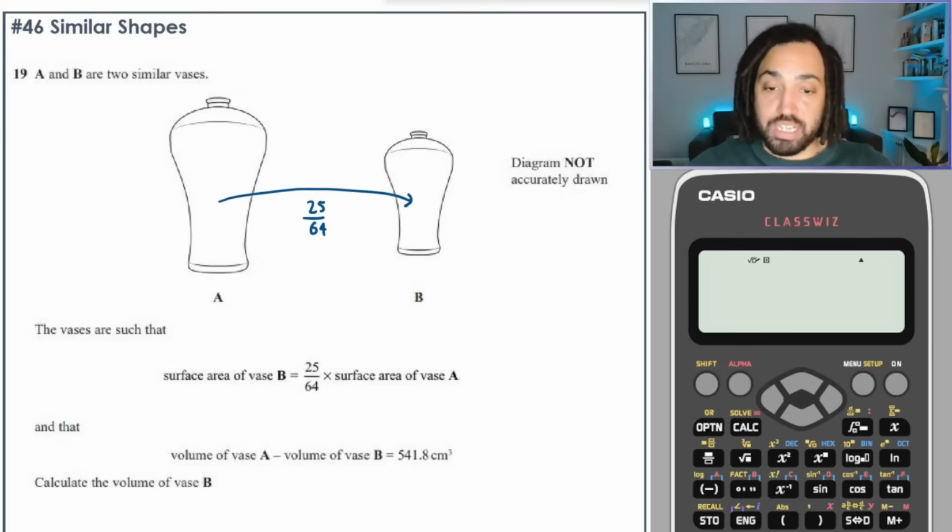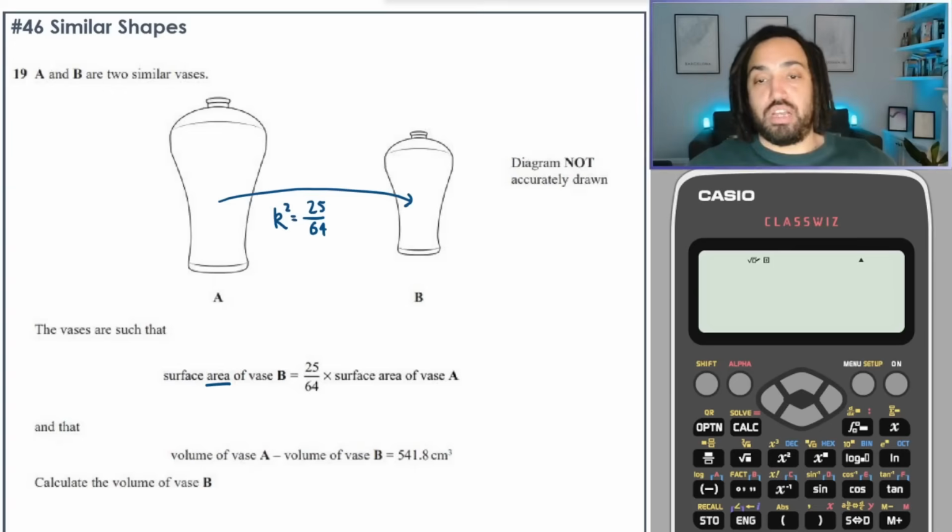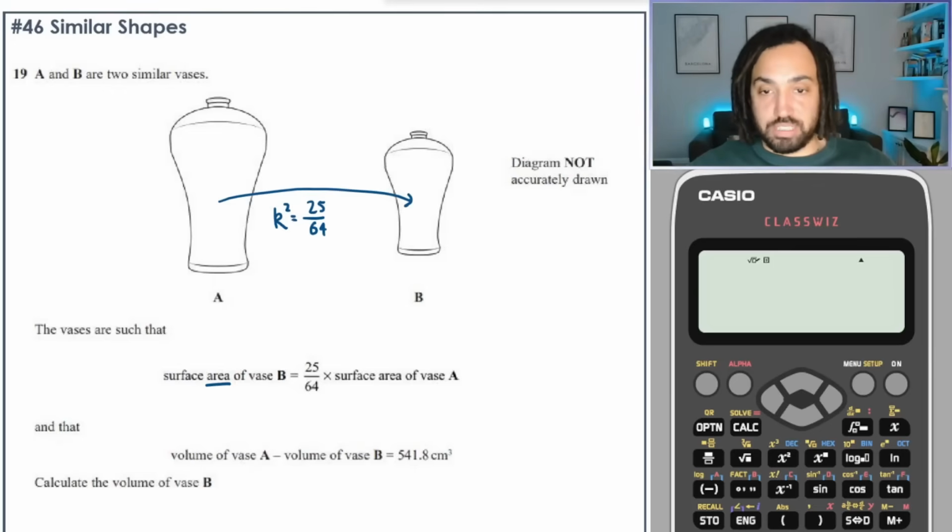And this is if I'm looking at the area, which means that is the scale factor squared. The area scale factor is always the linear scale factor squared. And we call the linear scale factor K.